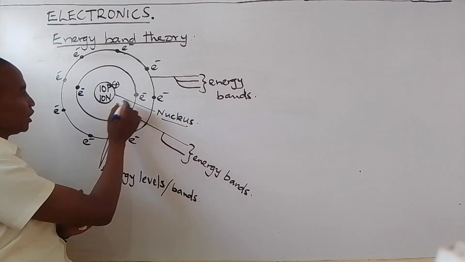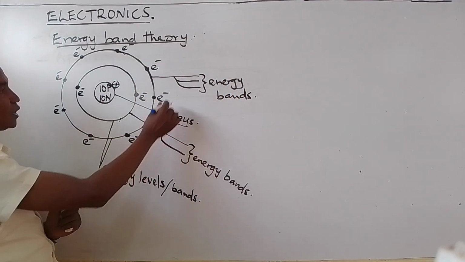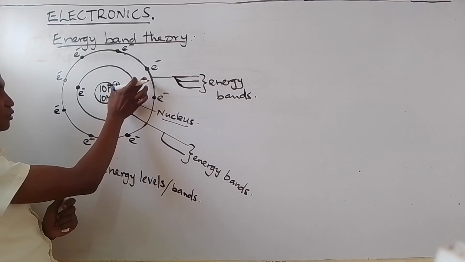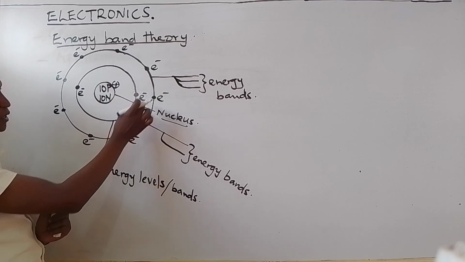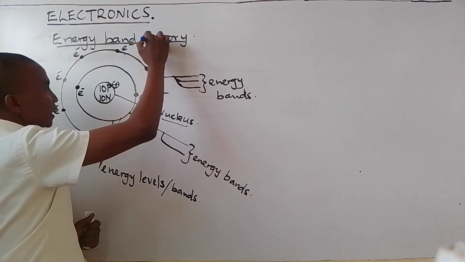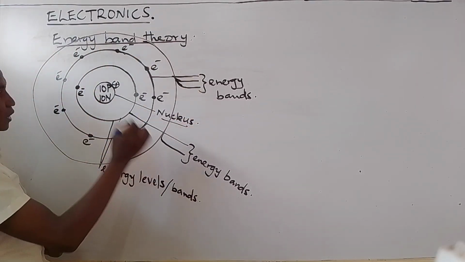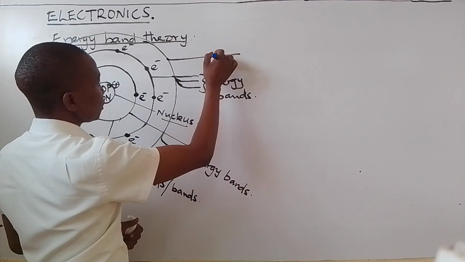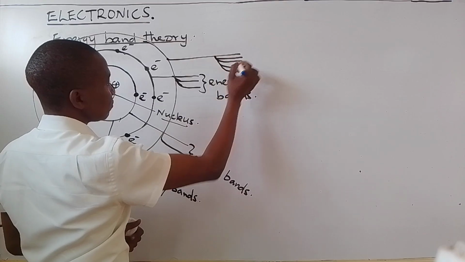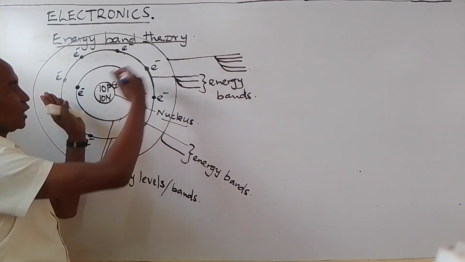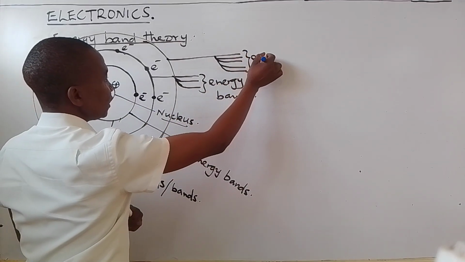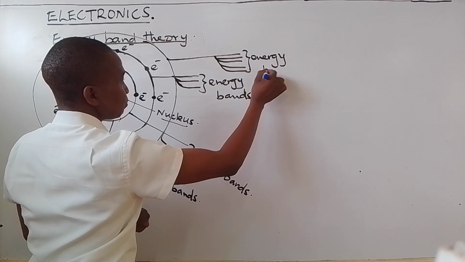As you move further away from the nucleus, you notice there are more energy bands because the force of attraction between the band and the nucleus is decreasing. So the further away the energy level is from the nucleus, the more energy bands it may split into.